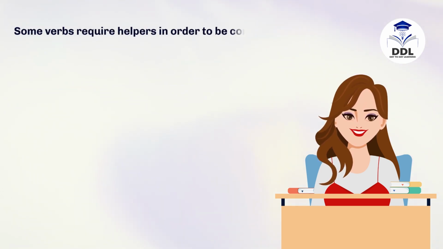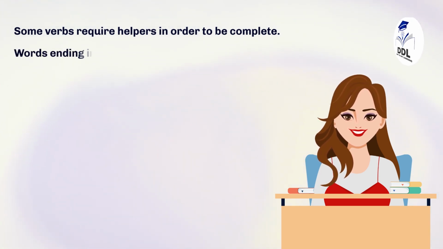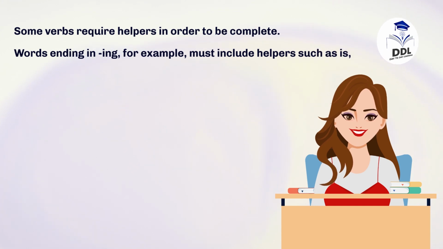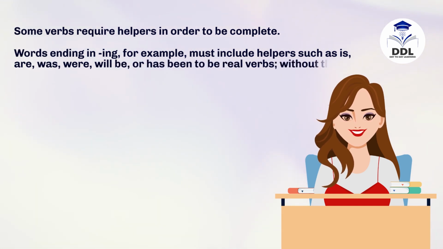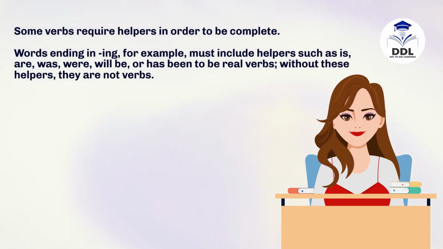Some verbs require helpers in order to be complete. Words ending in "ing," for example, must include helpers such as is, are, was, were, will be, or has been to be real verbs. Without these helpers, they are not verbs.